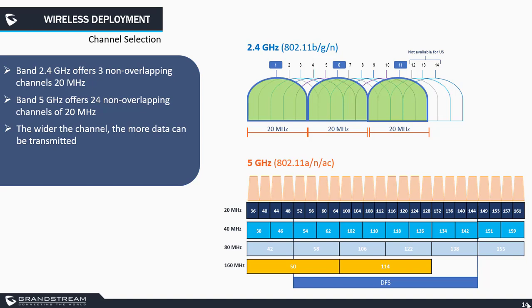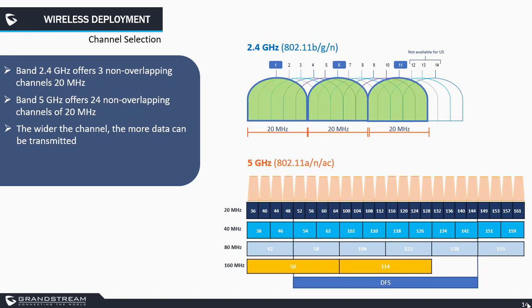Despite the existence of many channels in 5 gigahertz, not all of them can be available for selection. For example, channels 52 through 144 are labeled with DFS because these channels are also used for military and weather radars.